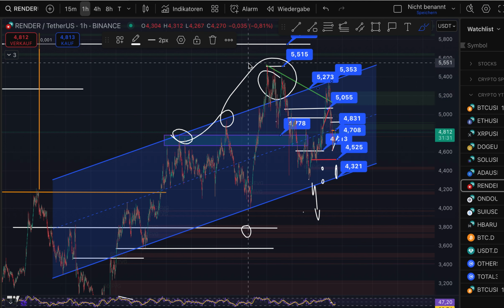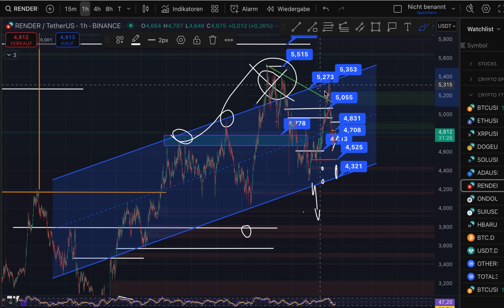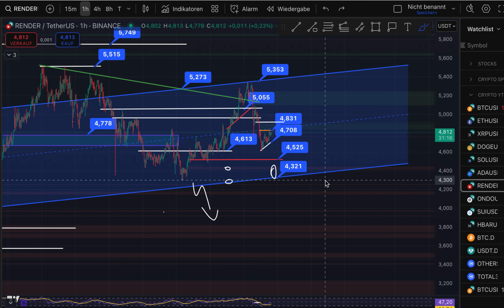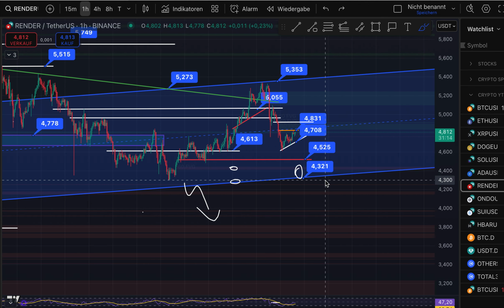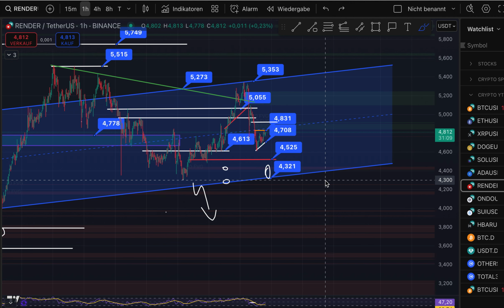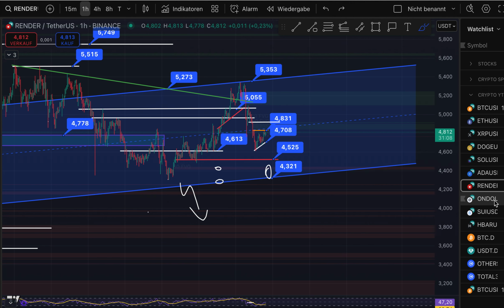But if we ignore this, then we also have here a higher high. And this can continue and continue over a longer time period. I have just proved you that with Rolls-Royce. So as long as we are in that panel, everything looks good and we can still expect higher prices for Render.